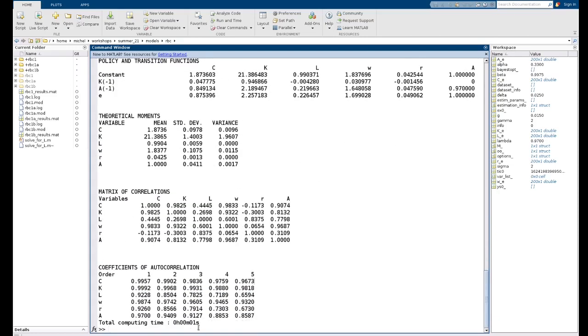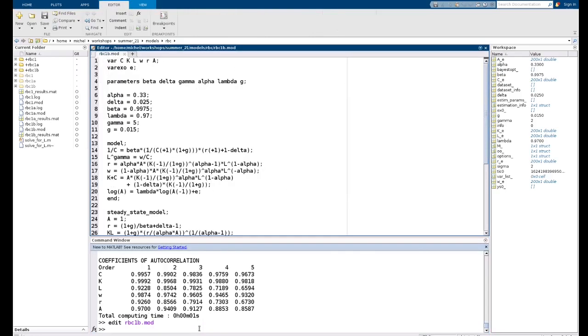And the last thing we want to do is to look at the case where we want to solve only for the labor supply when gamma is different from zero. And that is in rbc1b.mod. So now instead of zero, I put a gamma equal to 5.